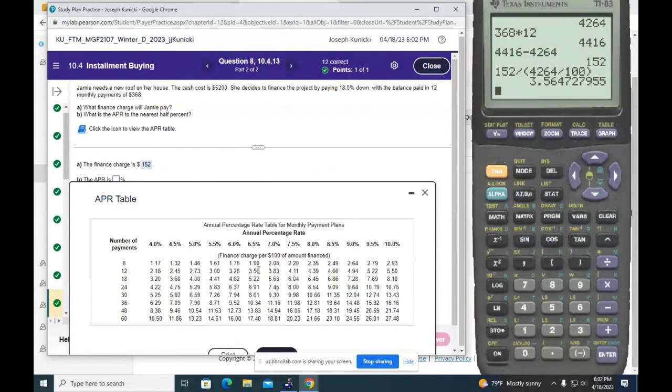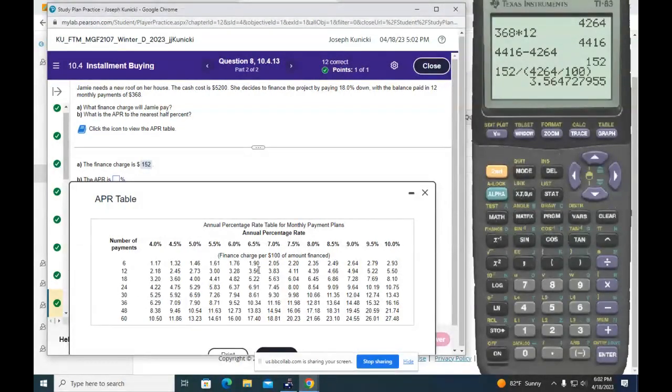See, because we took 12 times m times t. T is 1, so we did 12 times m, which was the 4416. We subtracted the 4264, and it's the same formula we did in the calculator, only it's already inverted.